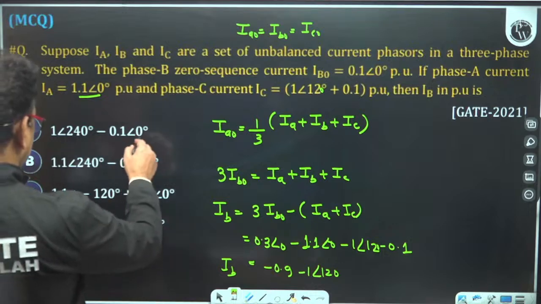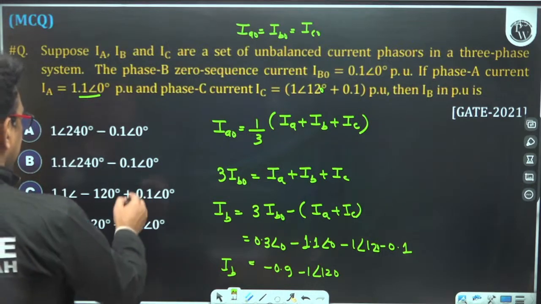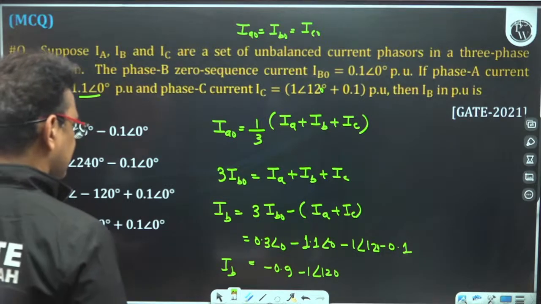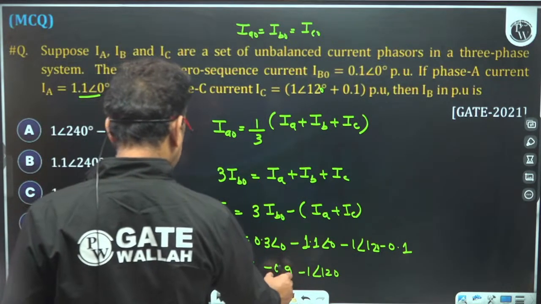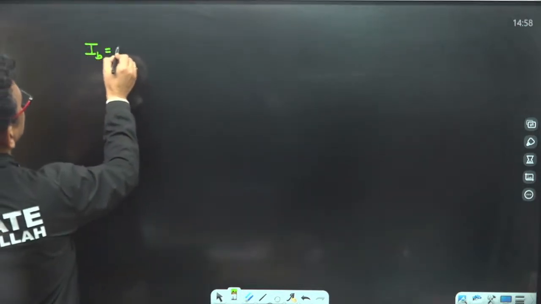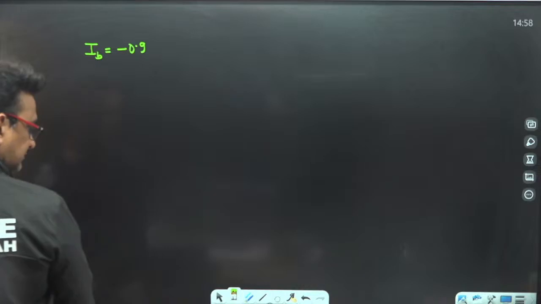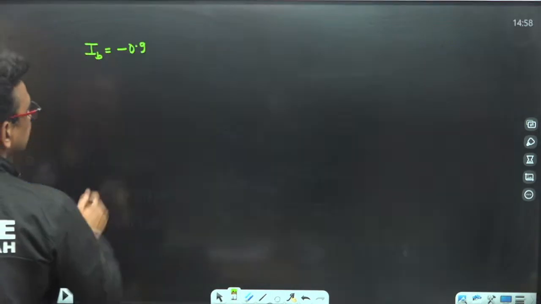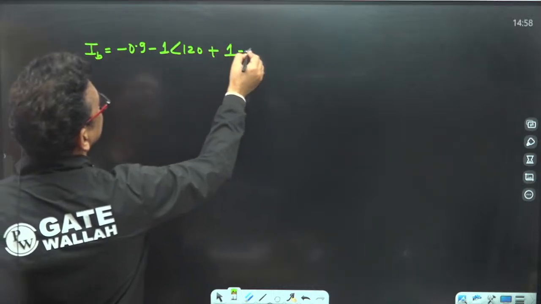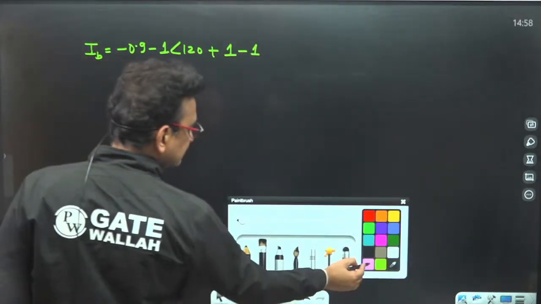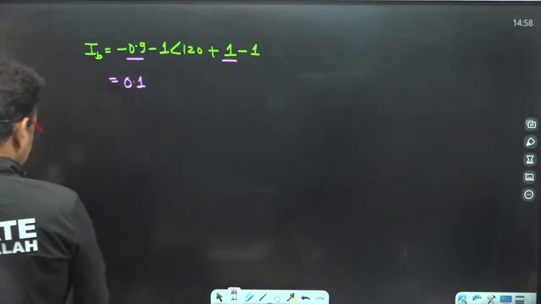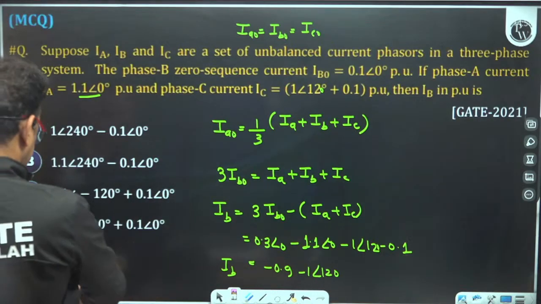Now in all the 4 options, the 0.1 angle 0 degree is common. So IB is nothing but, if I add plus 1 to minus 0.9, it is 0.1, because in all the 4 options the 0.1 is common.